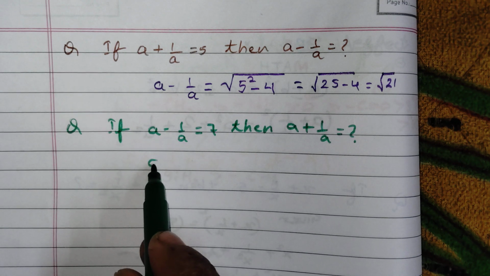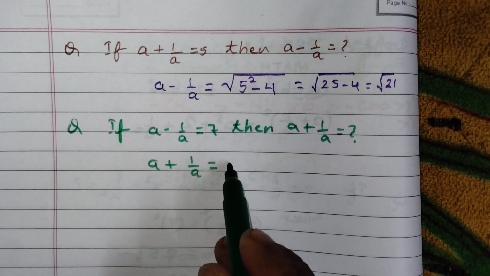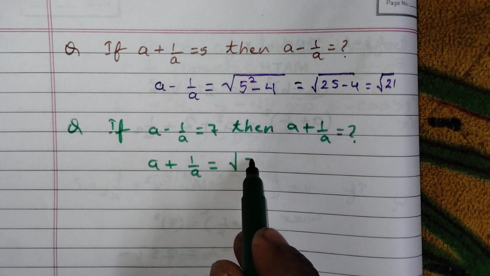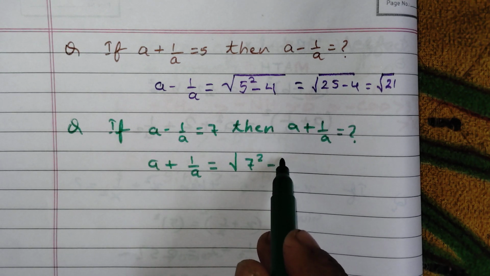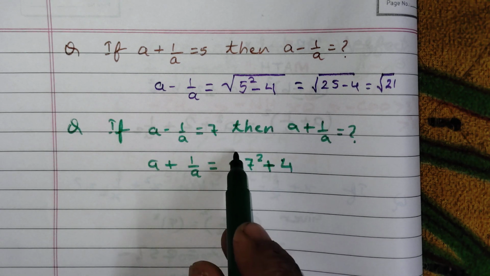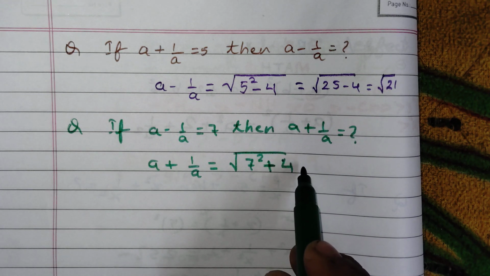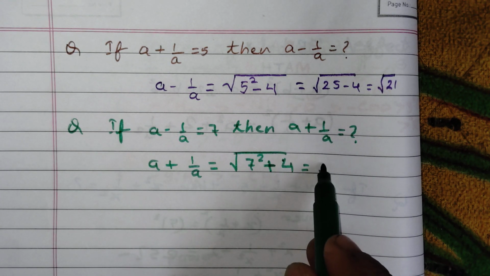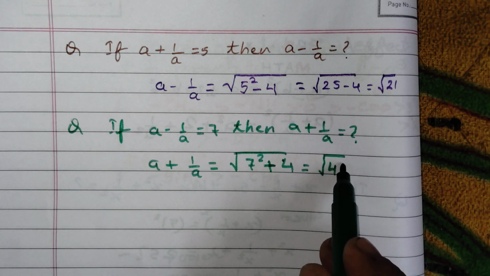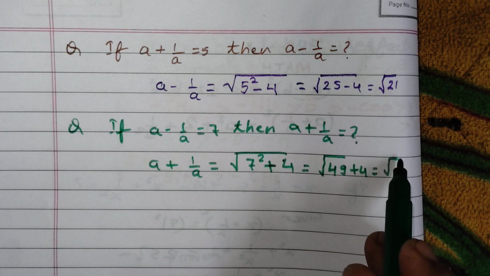So directly we can say a plus 1 upon a is square root of this number here, 7 square, minus there is plus, so we write here plus in square root sign. If there is minus, then we write minus in the square root sign. So square root 7 square is 49 plus 4, that gives us square root 53.